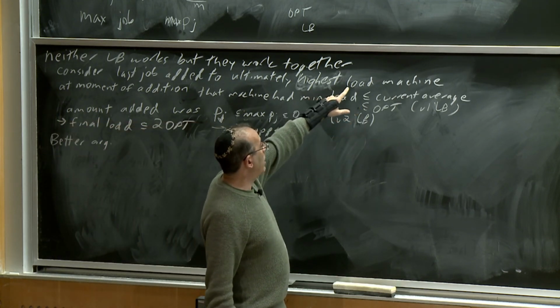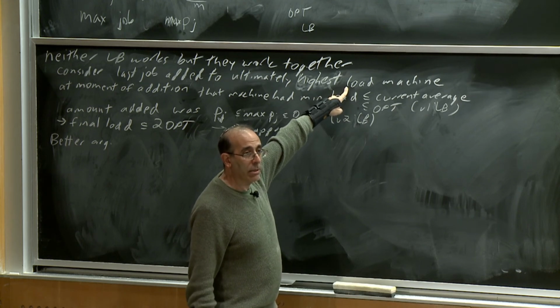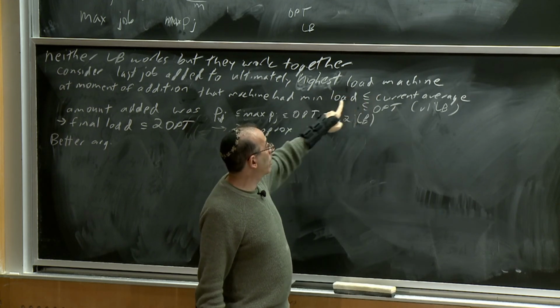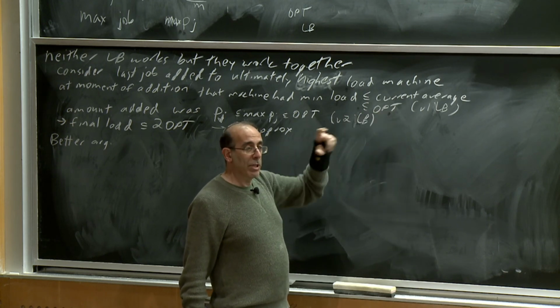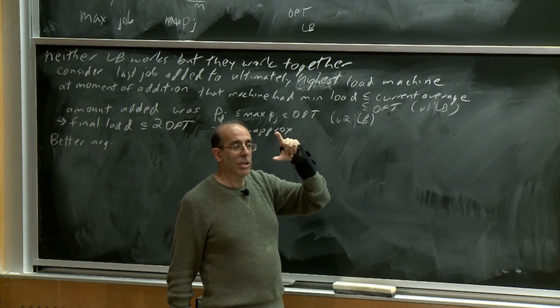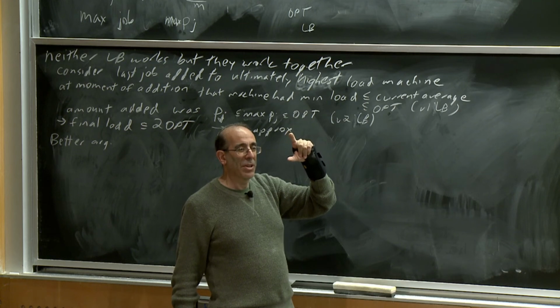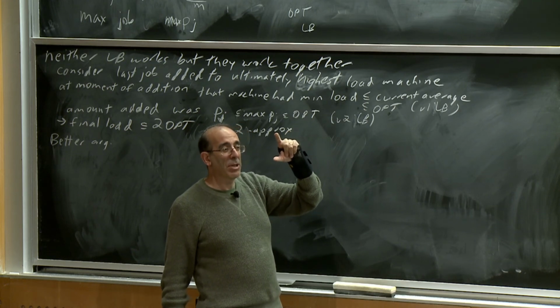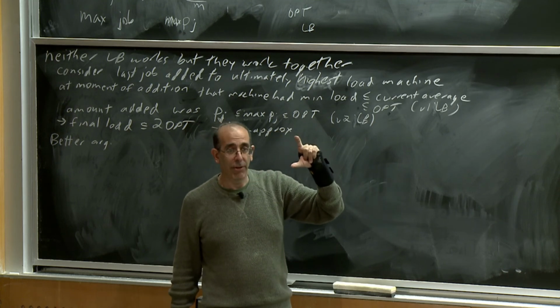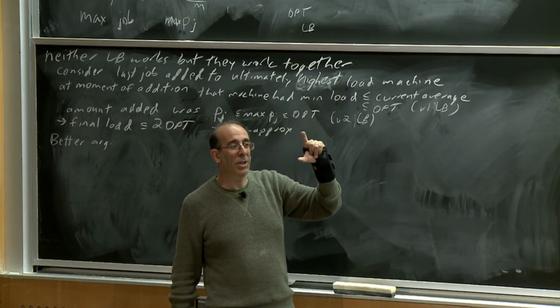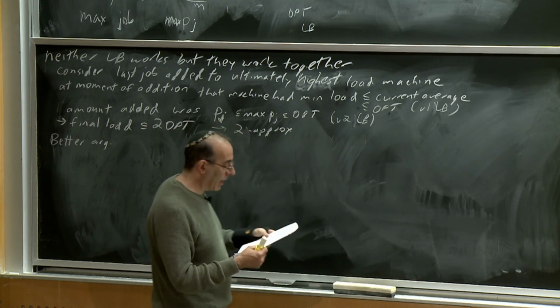We said that when we added the last job, the current load of that machine was less than opt. But that ignores the fact that we're actually adding a job, right?